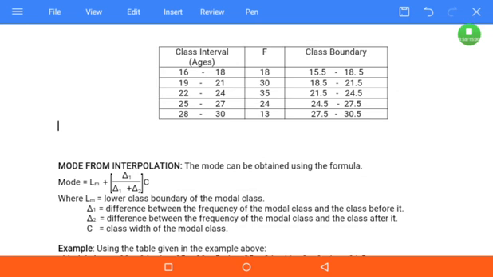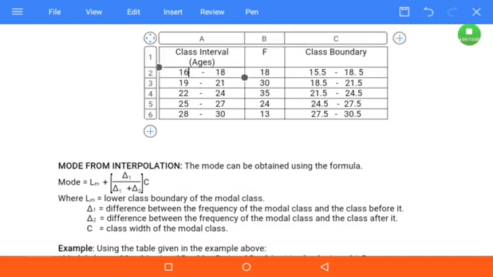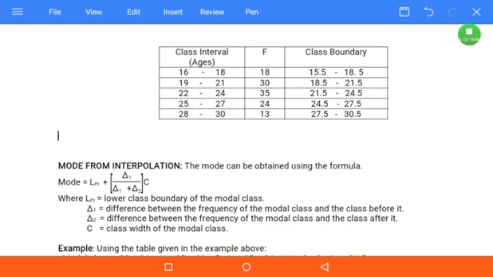Now C. What is C? This part needs to be well understood. C is called the class size. It is the measure or the gap between each interval. For instance, interval 16 to 18 means 16 to 18. Don't say 18 minus 16, that's 2.